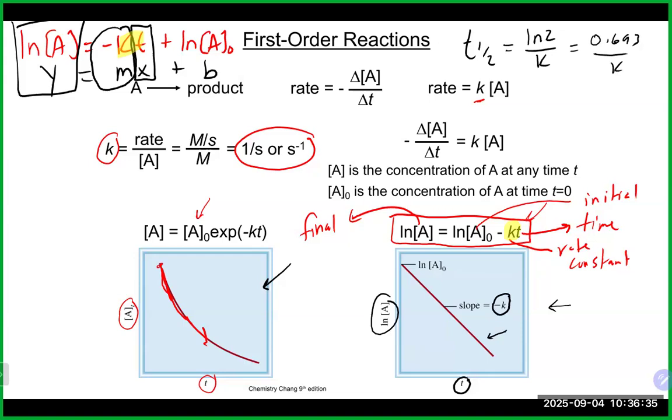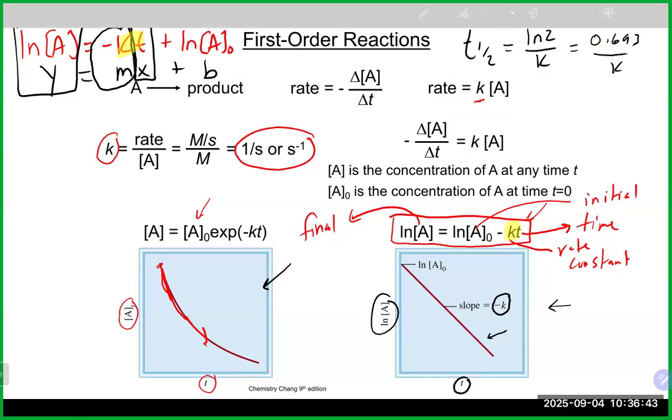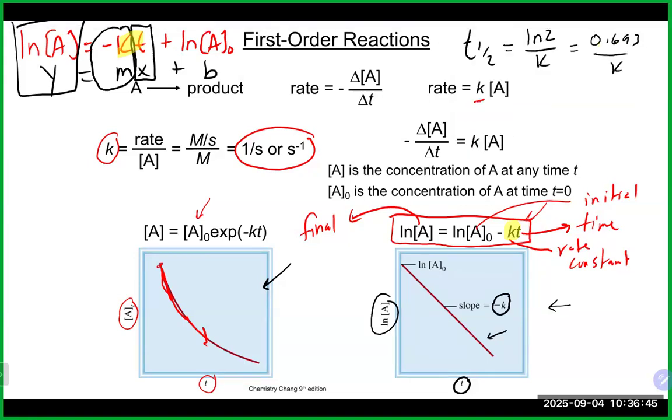The other thing you'll sometimes come across is having to use both of these formulas together. You'll sometimes have to use both the integrated rate law, whichever one you want to use, and the half-life formula together, because in some cases they may not give you the value of the rate constant, but they may tell you the half-life.